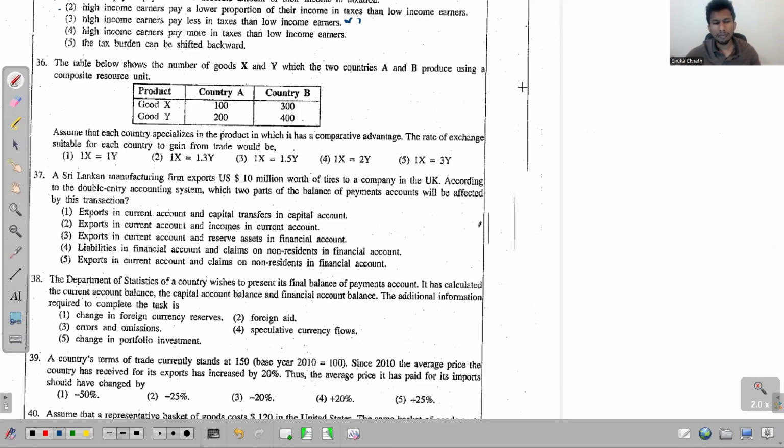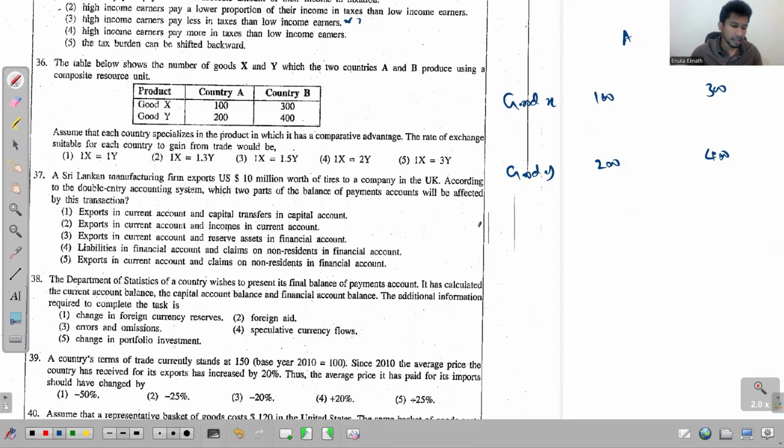So let me take good X and good Y, and we have country A and also country B. So this is 100, this is 200, this is 300 and this is 400. This is how we get the values.